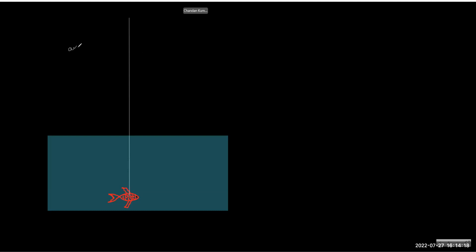So generally this is air, and this is, let's say, a denser medium. I'm just making it simple. Can you draw the ray diagram? Assume the fish is the observer, and the fish is looking at the kingfisher. Now, how to draw the kingfisher?